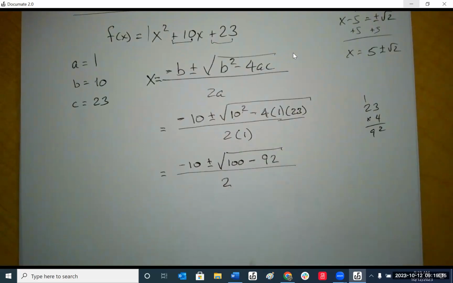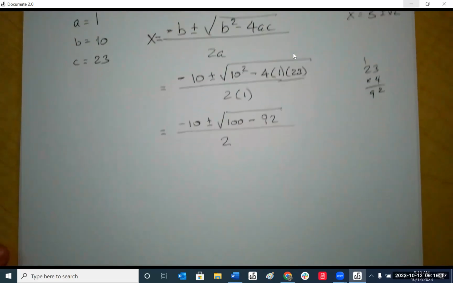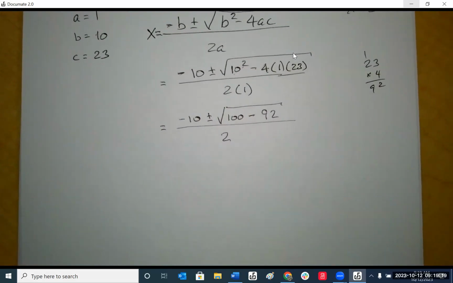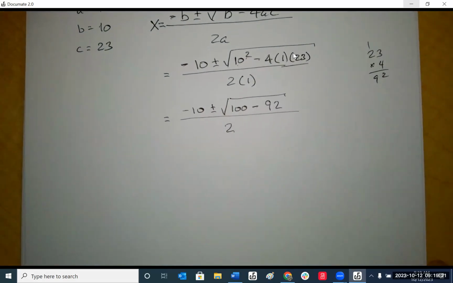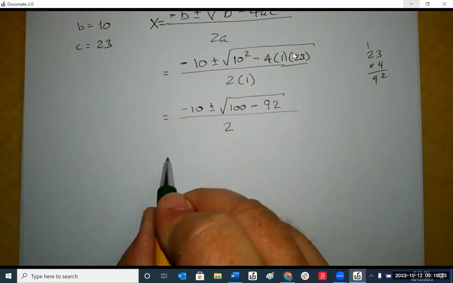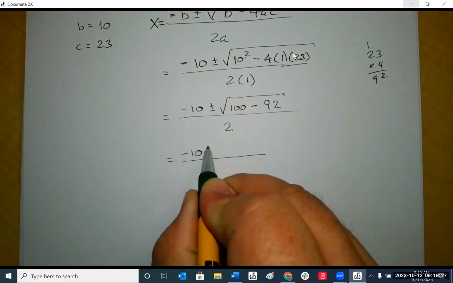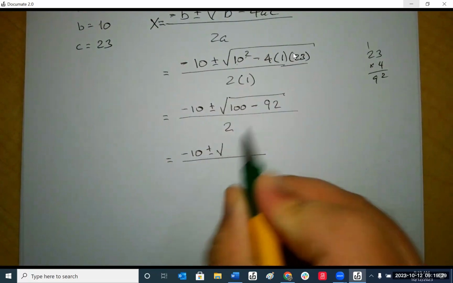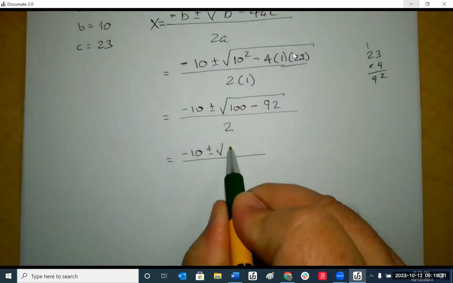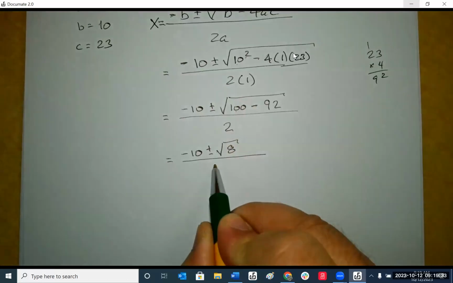And 2 times 1 is 2. We have negative 10 plus or minus the square root of 100 minus 92, which is 8.